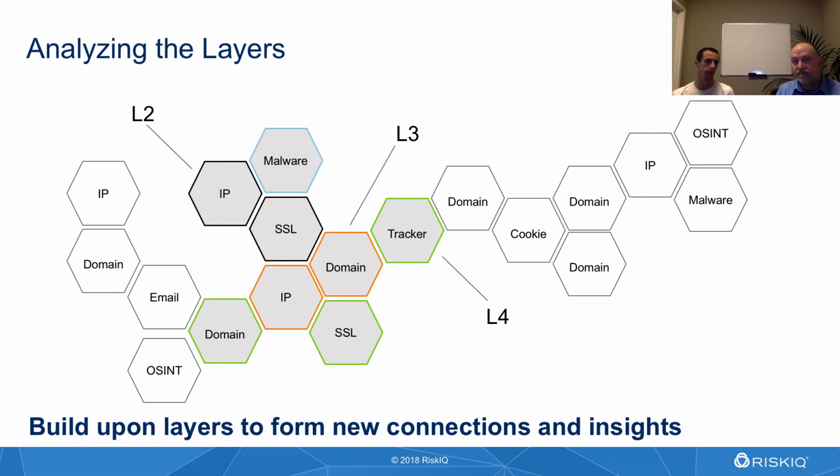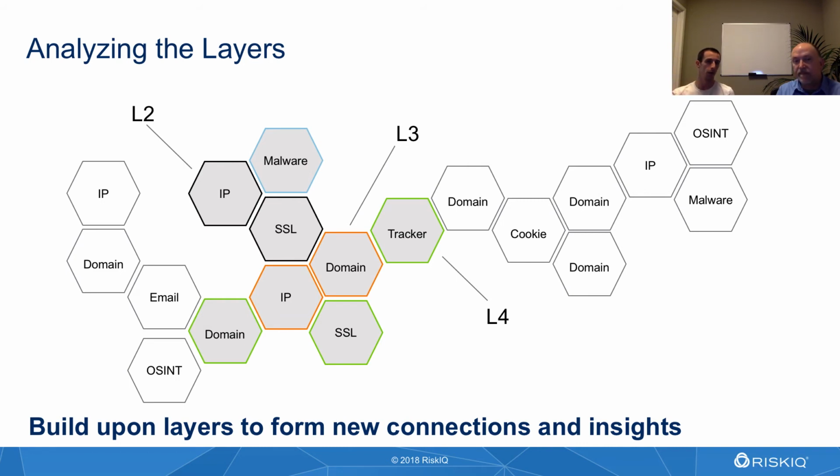Well, if we're using the signals that are available to us, at layer 2, we might have a hard-coded IP address and an SSL certificate that are part of the malware that make it up. Okay. And at layer 3, that SSL certificate that was hard-coded in the malware might have a domain associated with it. And in fact, it might have been hosted on an IP address somewhere that's different than the command and control IP address that we originally discovered in the malware.